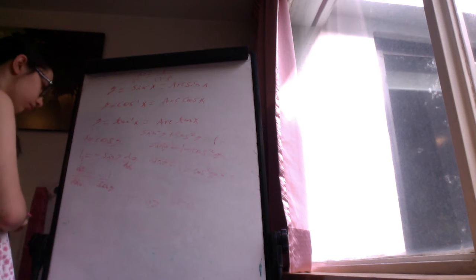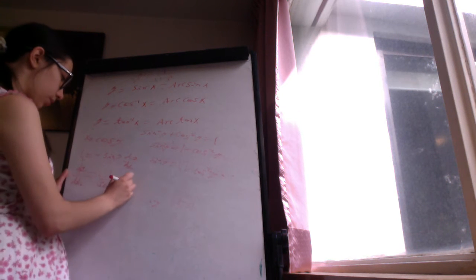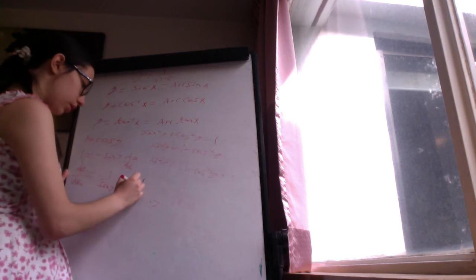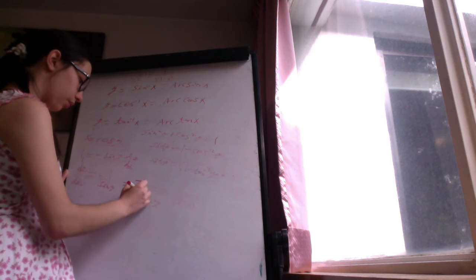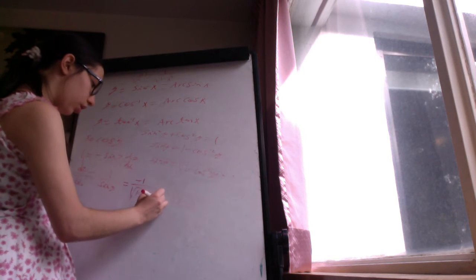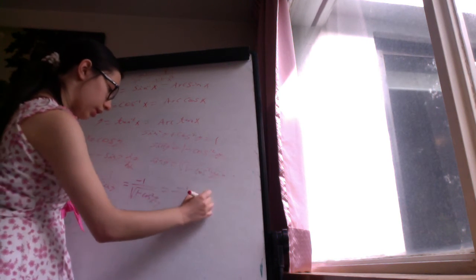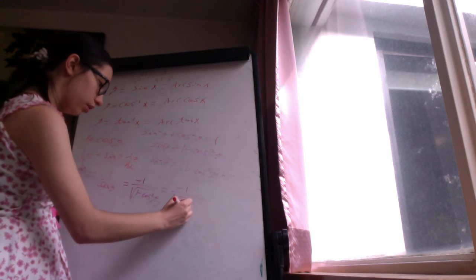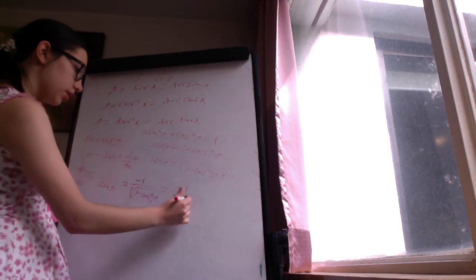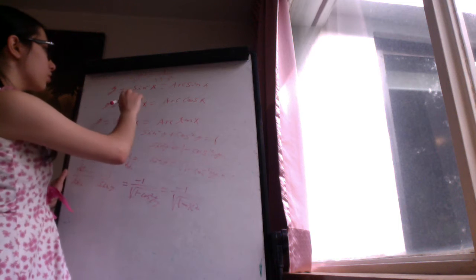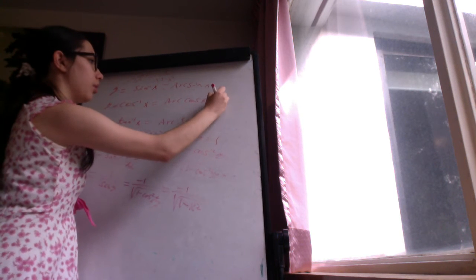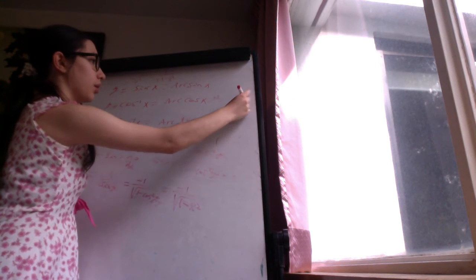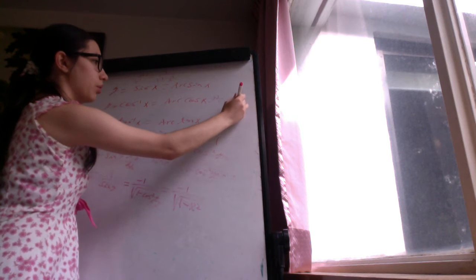So dy dx is equal to minus 1 divided by the square root of 1 minus cosine squared of y. Cosine y is x, so minus 1 divided by the square root of 1 minus x squared. So here we have y prime equal to minus 1 divided by the square root of 1 minus x squared.